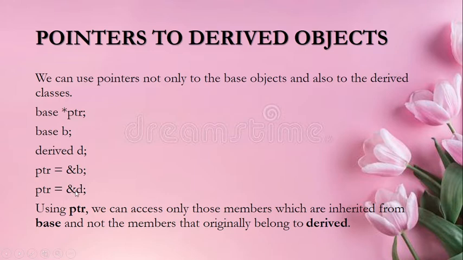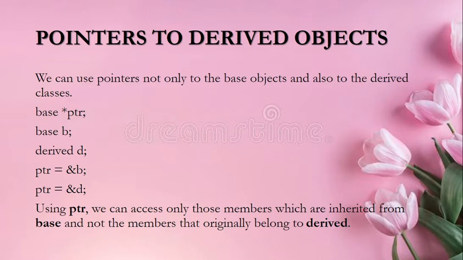So you might be asking why I need to pass an address of a derived class into a pointer. I'll show that with an example when we create a program. Let me complete this first. In the last line I say, using ptr, the pointer, we can access only those members which are inherited from the base and not the members that originally belong to the derived.